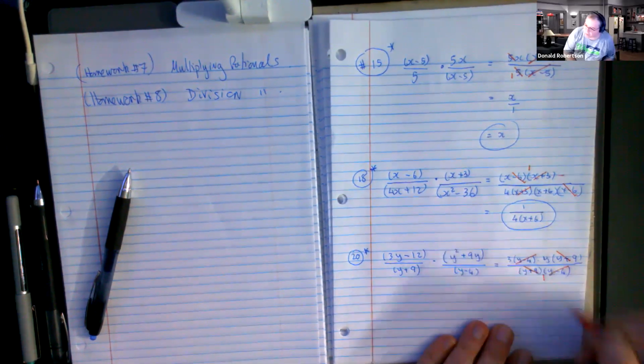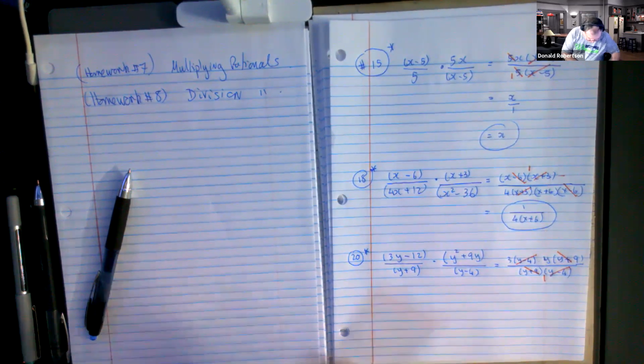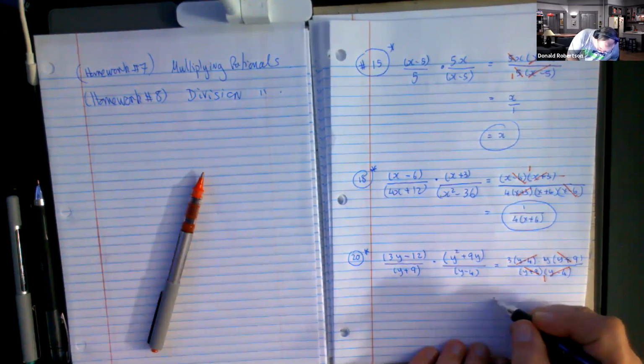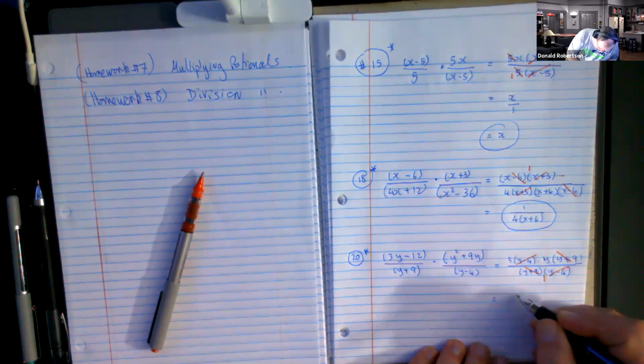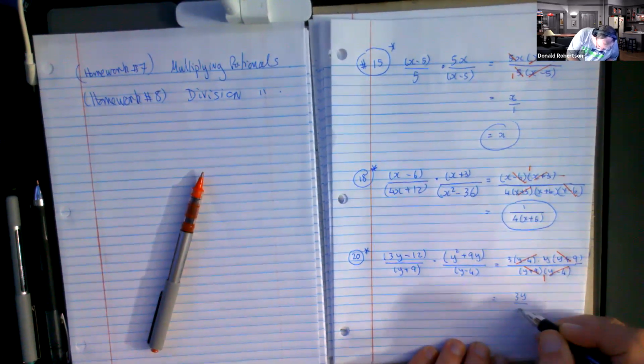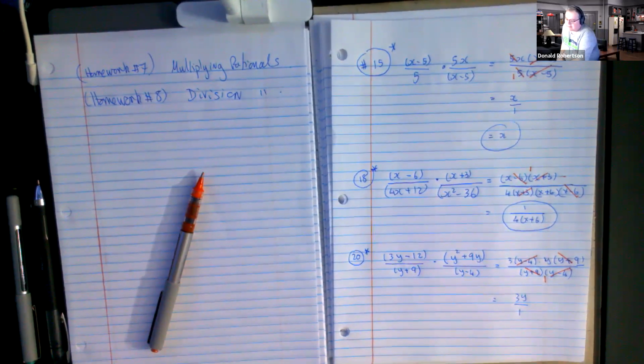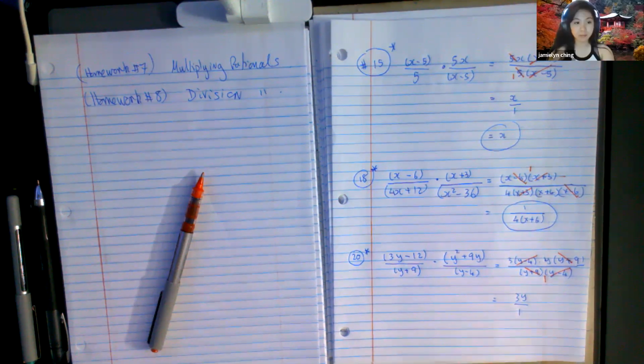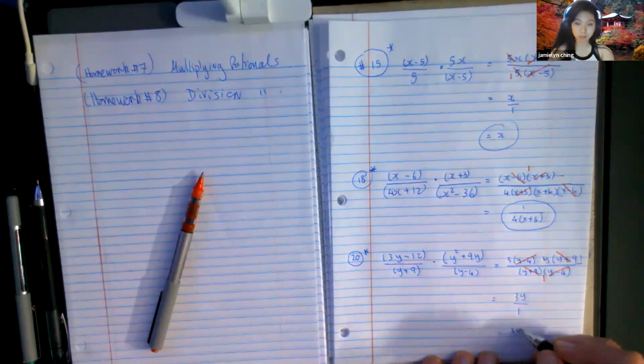So we remember to leave a 1 behind when everything goes. That leaves me with 3y on the top and 1 on the bottom. Can 3y over 1 be simplified or written in a better way? 3y. And now we're finished.